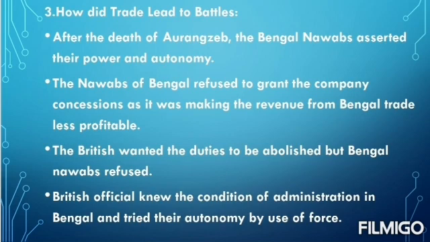It was ruining the trade, and a removal of duties was necessary for the trade to flourish. The company also wanted to enlarge its settlement and to rebuild its fort so that it could expand trade. Thus, the conflict between the Nawab and the company increased during the 18th century.